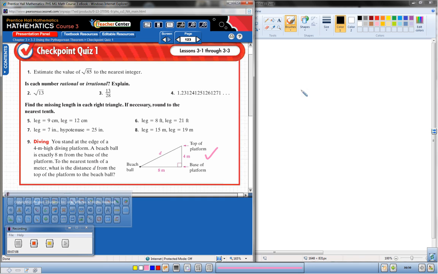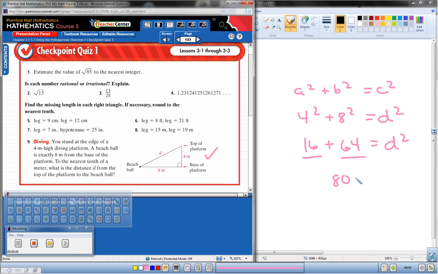So using our Pythagorean theorem, again, where a squared plus b squared will equal c squared, my 4 squared plus 8 squared, which are the two legs, will equal the hypotenuse. I'm going to call it d squared because they use d in the problem. 4 squared is 16. 8 squared is 64, equaling d squared. 16 plus 64 is 80.